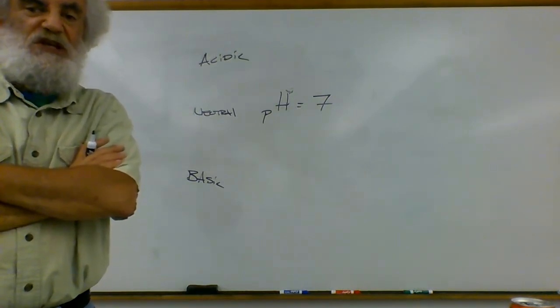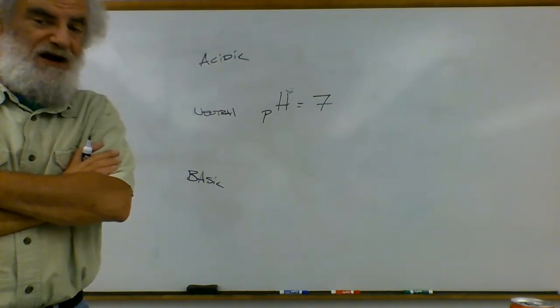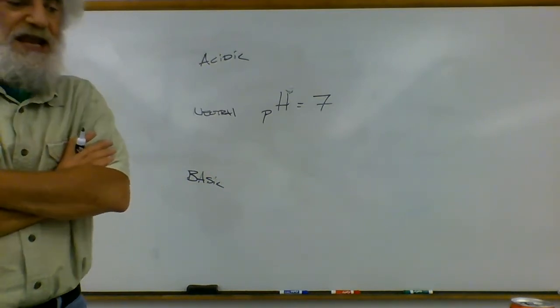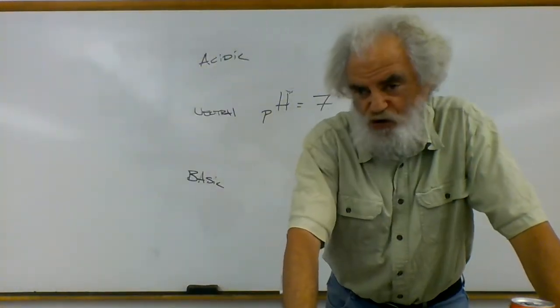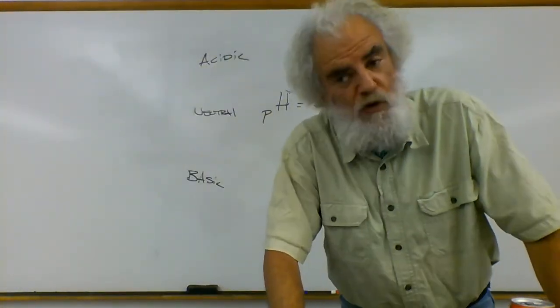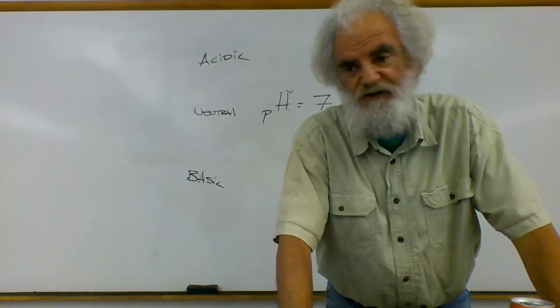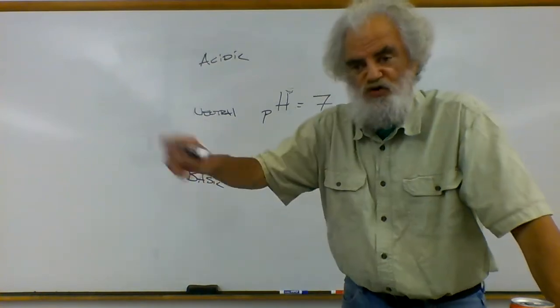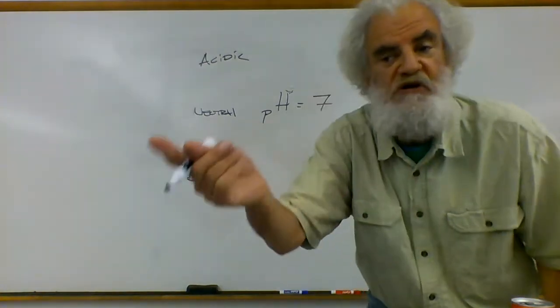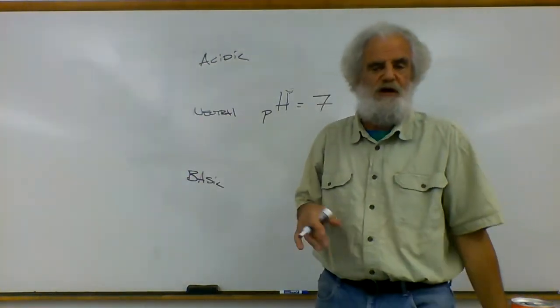And this is the amount of hydrogen ion that is present. Now remember this, because we'll be talking about this later. The lower the number is, the more hydrogen ions there are, because this is the inverse log. So 0.000001 gram versus 0.1 gram. All right, that's what we're talking about.